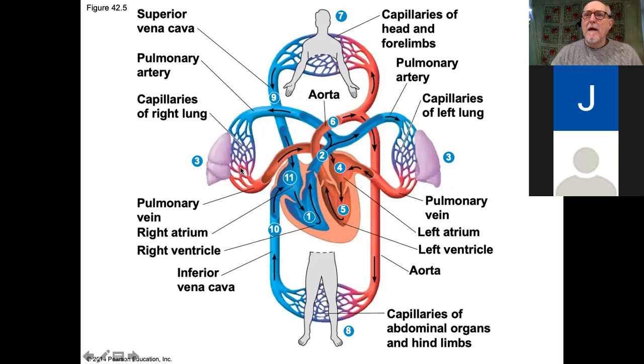In the lungs, it goes through a very elaborate set of very, very fine vessels called the capillaries, the pulmonary capillary bed. It dumps all its carbon dioxide and picks up oxygen, and now is returned to the heart. It's returned because these vessels are flowing towards the heart. They are veins: the pulmonary veins, the left and the right pulmonary vein.